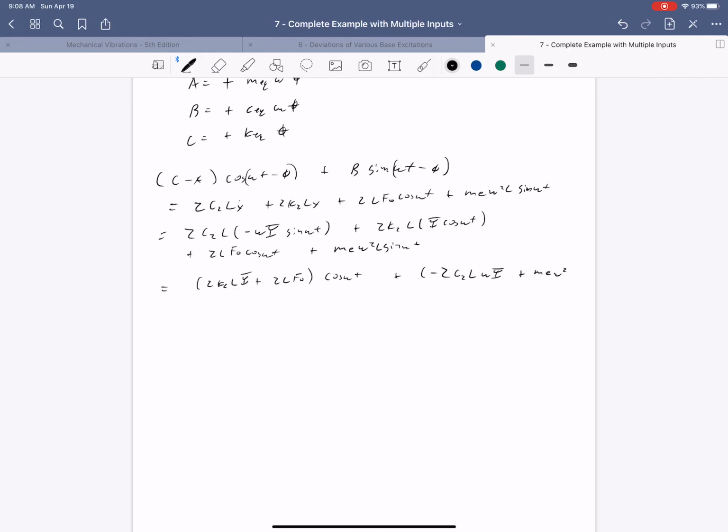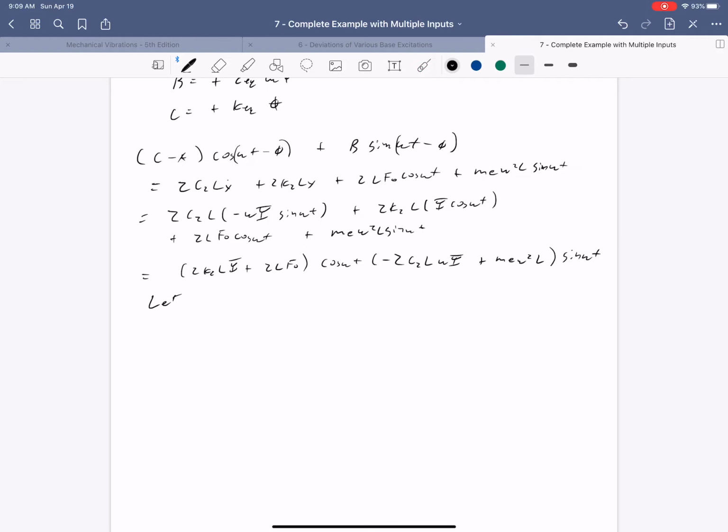Omega squared. And then I need the space back. Squared L times sine omega t. So it's a little bit cleaner. Now I don't want to have to rewrite this whole thing over and over again, so we're going to let d equal 2k2ly plus 2lf naught.